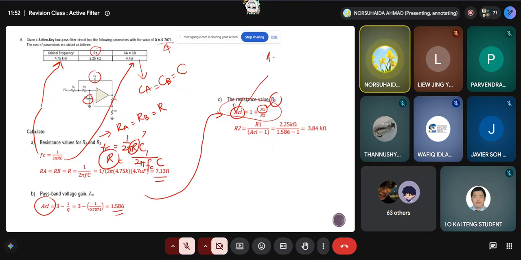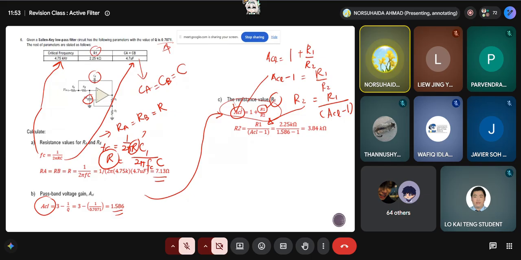Okay, so ACL equal to 1 plus R1 over R2. ACL minus 1, this one bring here, so equal to R1 over R2. So we want to know R2, bring this R2 here, so our R2 equal to R1 divided by ACL minus 1. This is the equation after reshuffle.